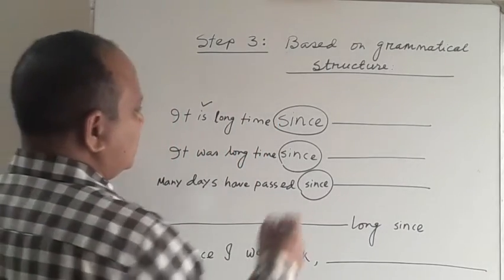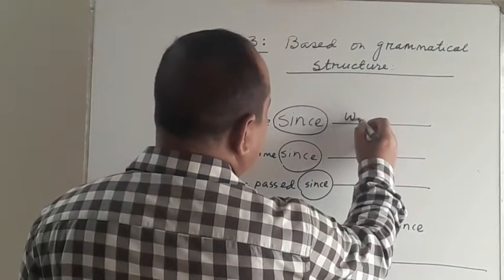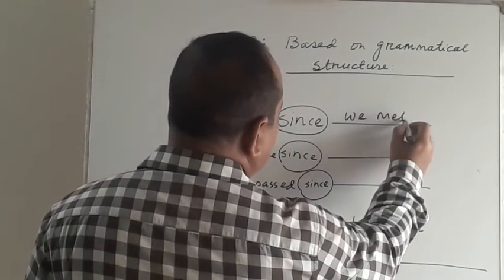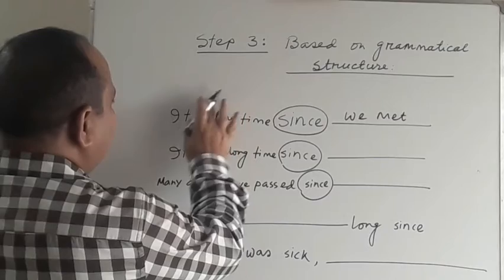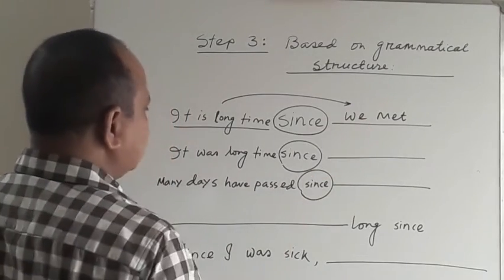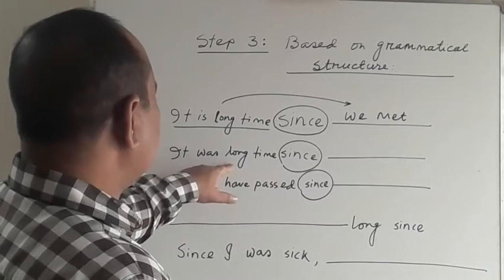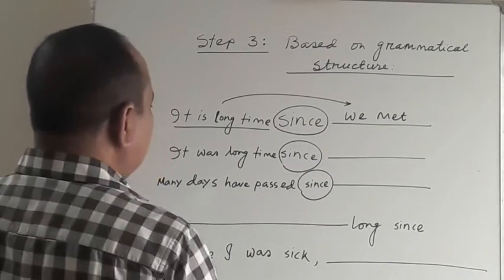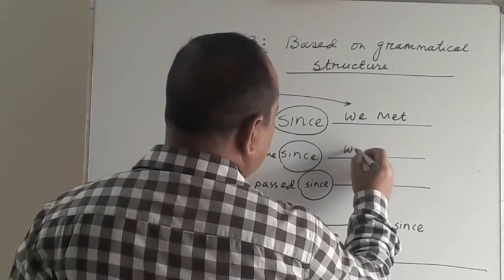So we can now solve it. It is long time since we met. As it is in the present indefinite tense, the next would be past indefinite tense. It was long time since we had met. It is in the past indefinite tense, so next would be past perfect.